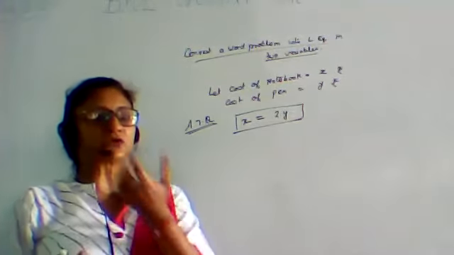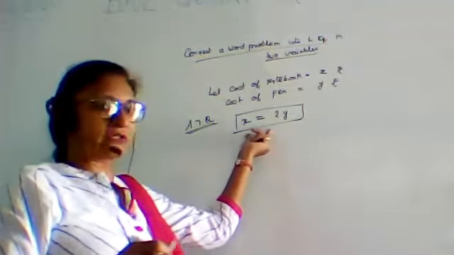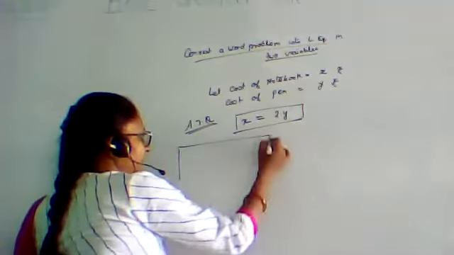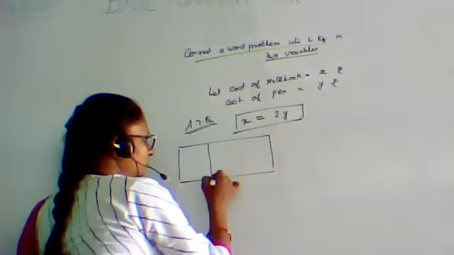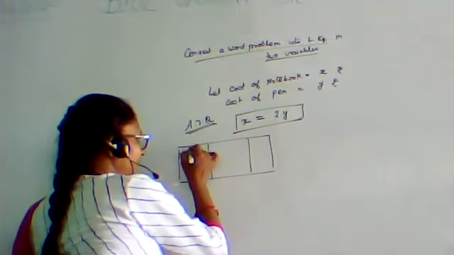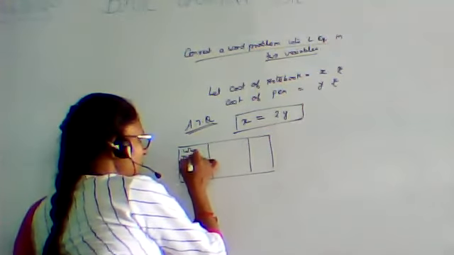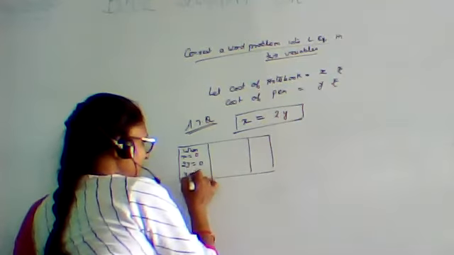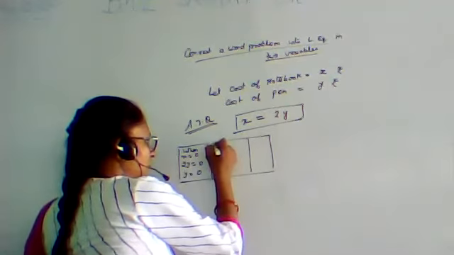Now if you have to draw the graph of this equation, you have to find 3 points according to the situation. When x is equal to 0, 2y is equal to 0, it means y is equal to 0.